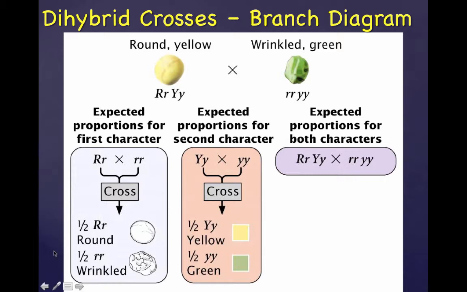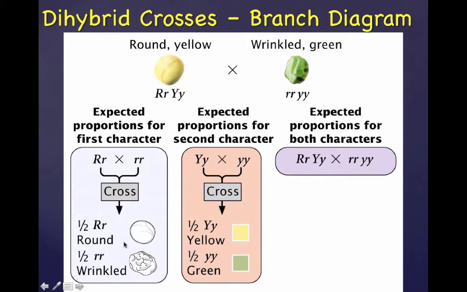So first you're going to look at the round or wrinkled phenotype, and we know that it is actually going to separate out into a 50/50 phenotype. So half of the individuals are going to have a big R and be round, and half the individuals are going to be a little r and be homozygous recessive or wrinkled.